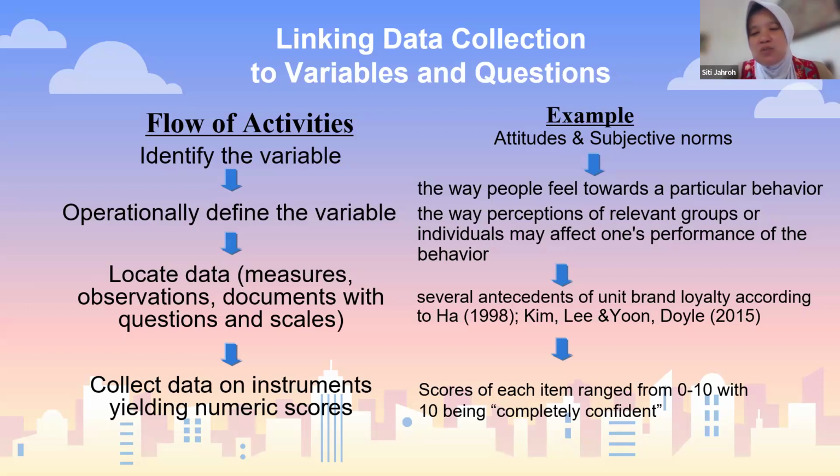And for subjective norms, the way the perception of relevant groups or individuals may affect one's performance of the behavior. That's the example. So you first define what the variables are, and after you get them, you make the operational definition, so that everyone will have the same perspective on those variables.